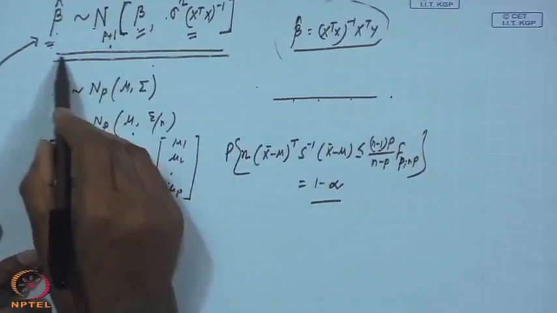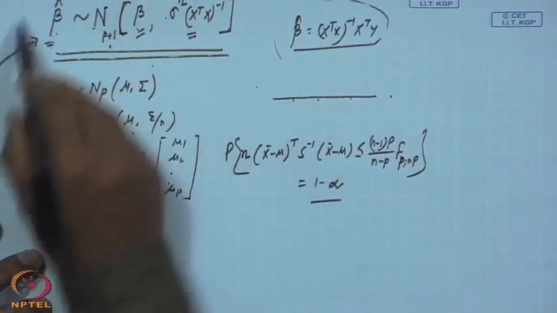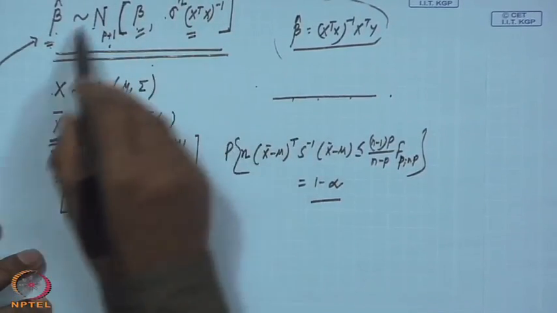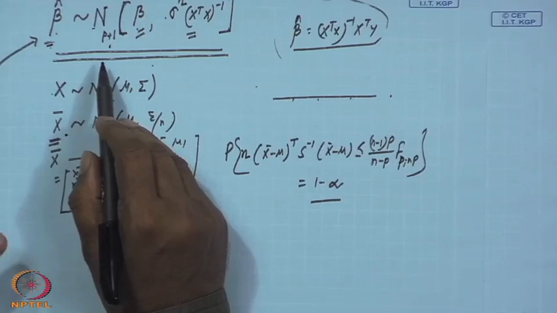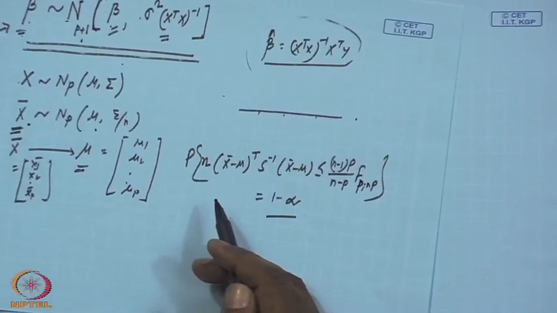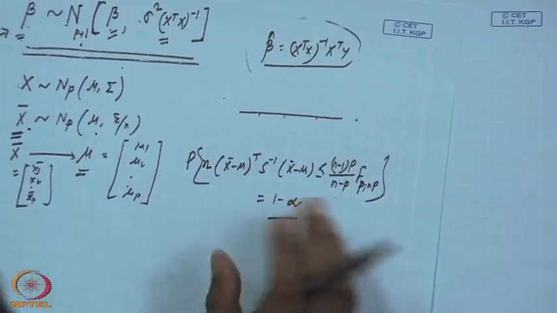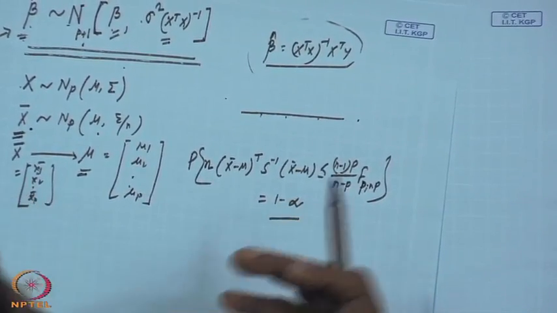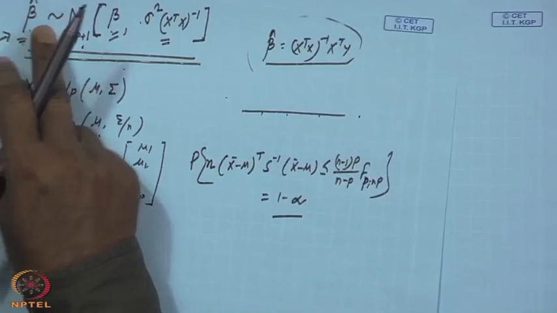So, can we not find the similar thing here with respect to beta? Getting me? It is not a derivation that I am giving you; it is just understanding how those confidence regions can also be calculated with respect to beta cap, which is multivariate normal.